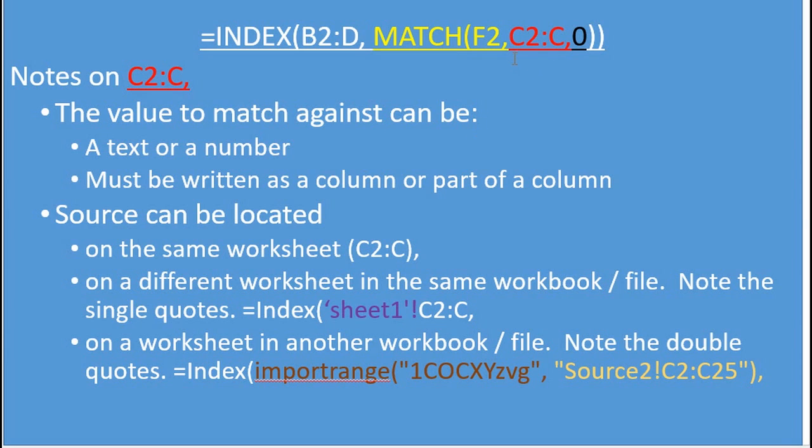The column can also be in another workbook file, and in that case you also use the import range and the double quotes, always the double quotes. So the import range, comma, open quote, the name of the sheet, exclamation mark, the cell range.